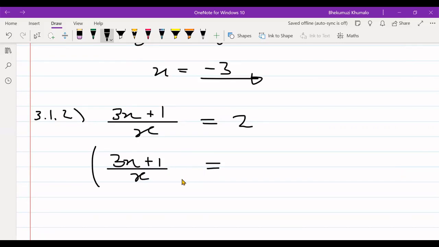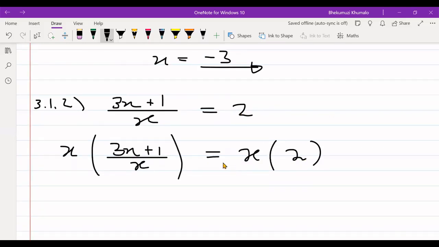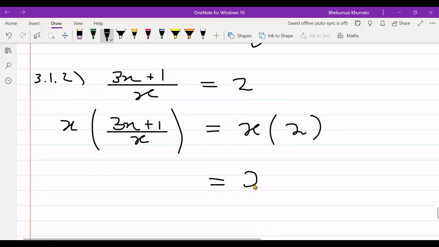And I'm going to multiply this entire fraction by x. And I'm also going to do what I did on the left-hand side on the right-hand side and multiply 2, right, by x. And so this would become 2x. And here we will cancel out. And then it's 3x plus 1. And then what happens? Then we just simplify.